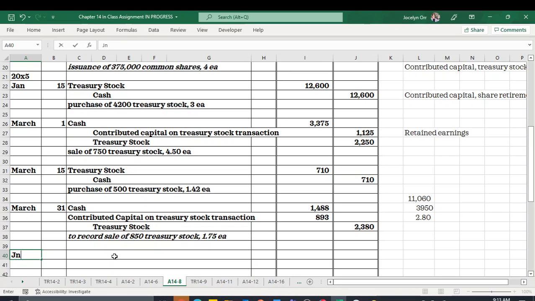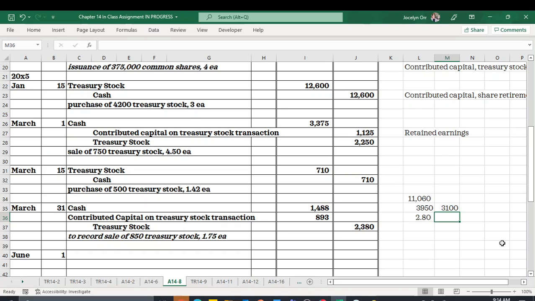And then finally, on June 1st, we're going to retire our outstanding treasury stock. So we're going to have to look at how many stocks we are retiring. We had 395, and that was prior to our sale of 850, which means that we still have 3,100 shares outstanding.